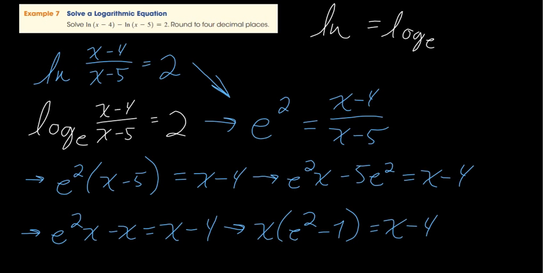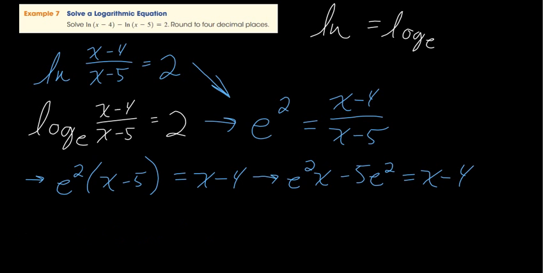I completely autopiloted. Obviously, the mistake I'm making here is I wanted to isolate our x's, and I was completely rewriting this instead of pulling the x over there. So that was my bad. Let's go ahead and fix that up real quick.